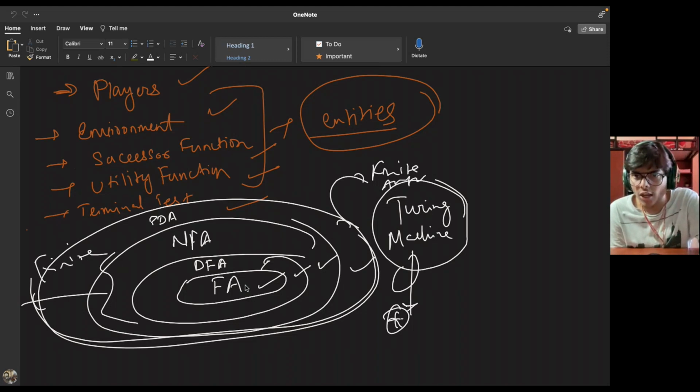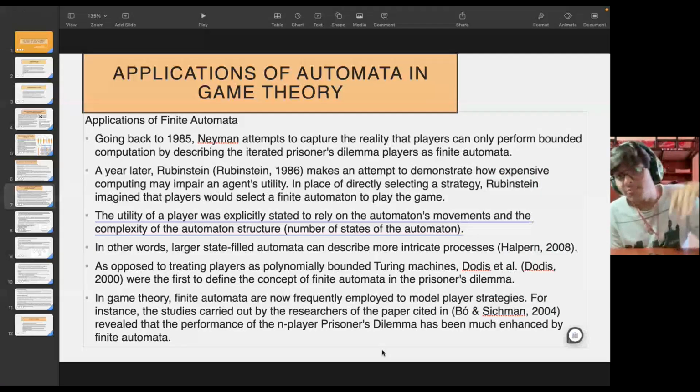It's employed to model player strategies, for instance, and the studies carried out by the researchers of the cited paper reveal that the performance of the n-player prisoner's dilemma has been much enhanced by finite automata. So that example which you took, right, the prisoner's dilemma, like case 1, case 2, case 3, it is much enhanced by finite automata, right?